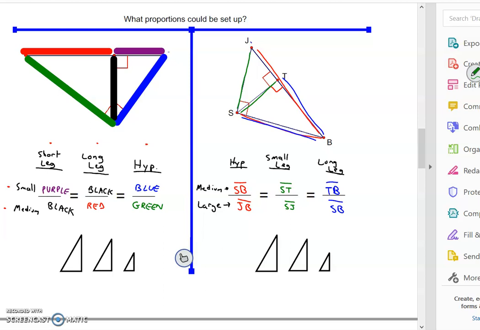Okay, the same thing goes for the triangle on the right. Those could be switched really in any order as long as you consistently have the same thing in your numerator, consistently the same thing in your denominator, and consistently the same things in each of your columns or each of your ratios. Okay, but this is an example of proportions that you could set up. Yours might have looked a little bit different.